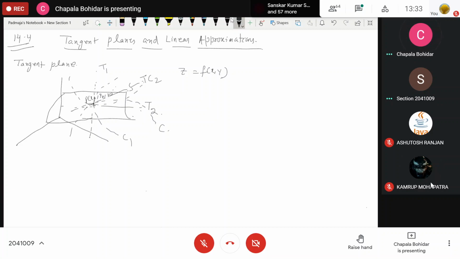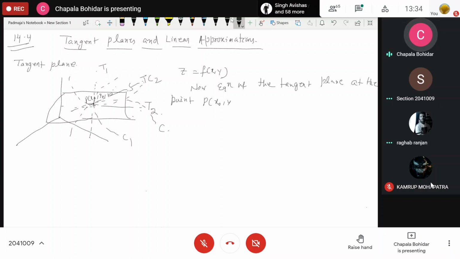So now the equation of the tangent plane at the point P, that is x0, y0, z0.